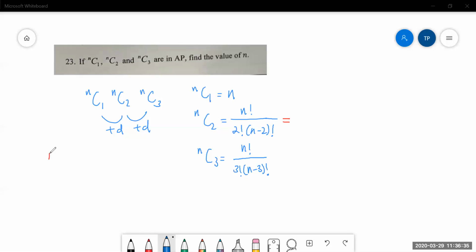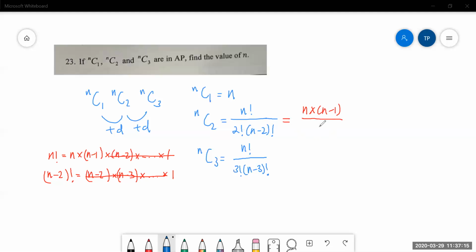Because n factorial is n times n minus 1 times n minus 2, and so on, all the way to times 1. So n minus 2 factorial is actually n minus 2 times n minus 3, and so on, until 1. So we can cancel this with this. Make sense? So what we are left with in the numerator is n times n minus 1 over 2.